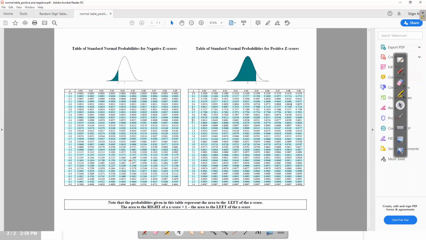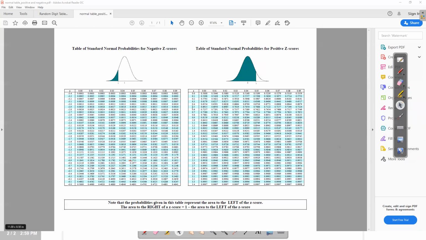For example, oh, I'm sorry, this is 1.10, right? 1.10 will match with 0.8643. And 1.11 will match with 0.8665, and so on, right? So you have many, many different pairs of the Z-score and probability.